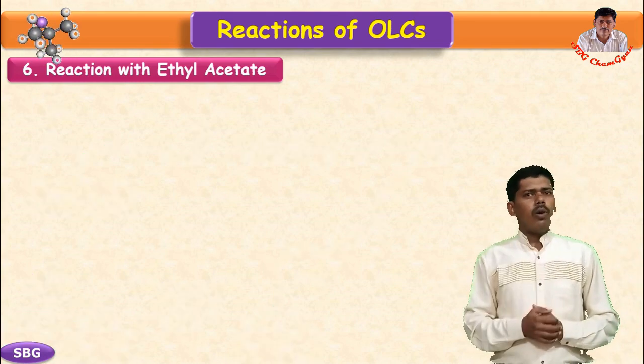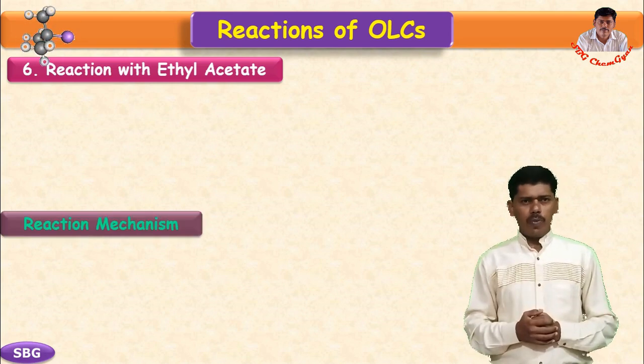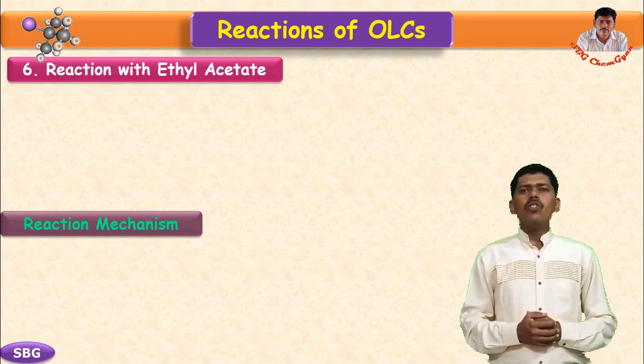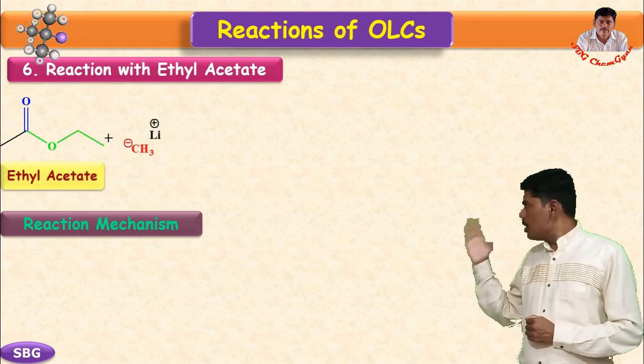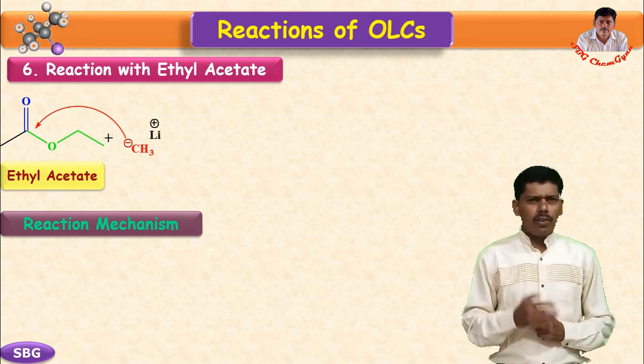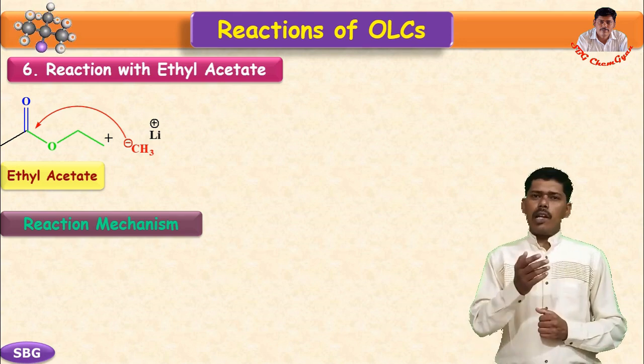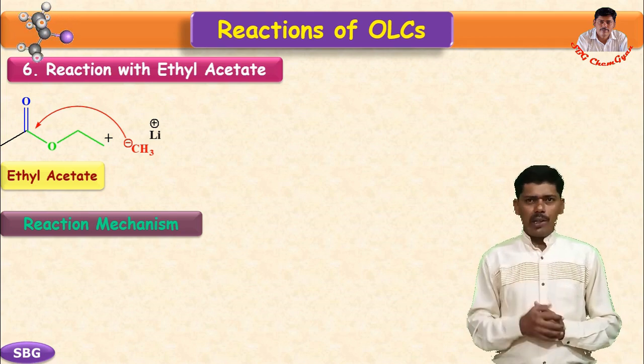Now we take an overlook at the reaction mechanism of this reaction. In this mechanism, the nucleophilic carbon of methyl lithium adds to the electrophilic carbonyl carbon of ethyl acetate in the presence of diethyl ether as a solvent.